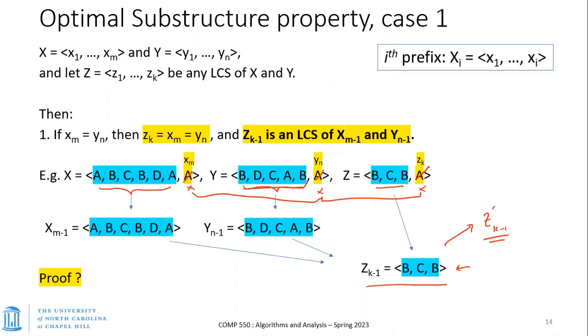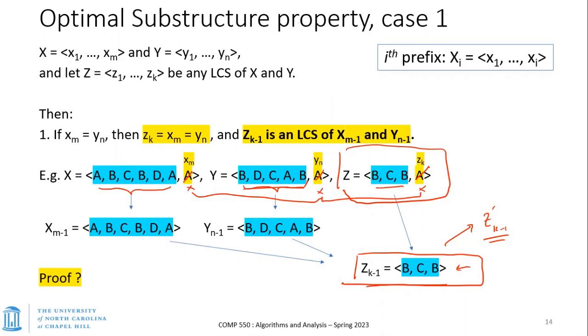Where are we going to paste that in? What are we going to cut out and what are we going to paste? Okay, so now think about z and zk minus 1. Here z and zk minus 1 is a smaller subsequence.